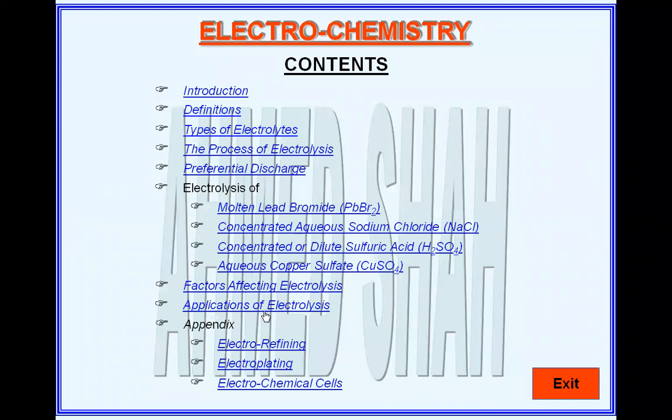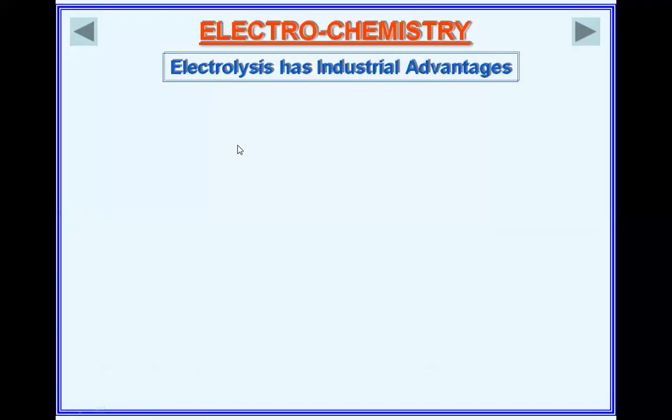Now we have to apply one more thing, which is called the application of electrolysis. There are applications of electrolysis for the extraction of metals like aluminum, and it has been discussed in the previous section, along with the extraction of iron.